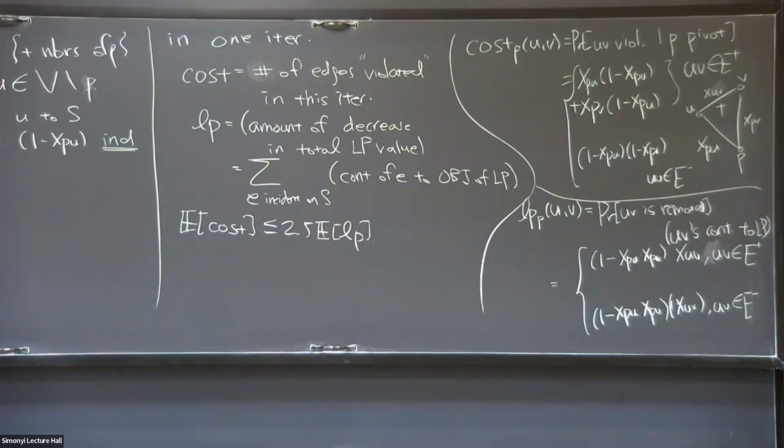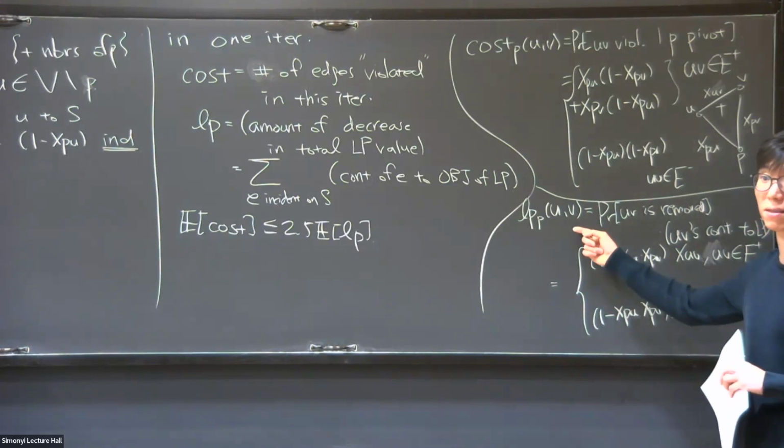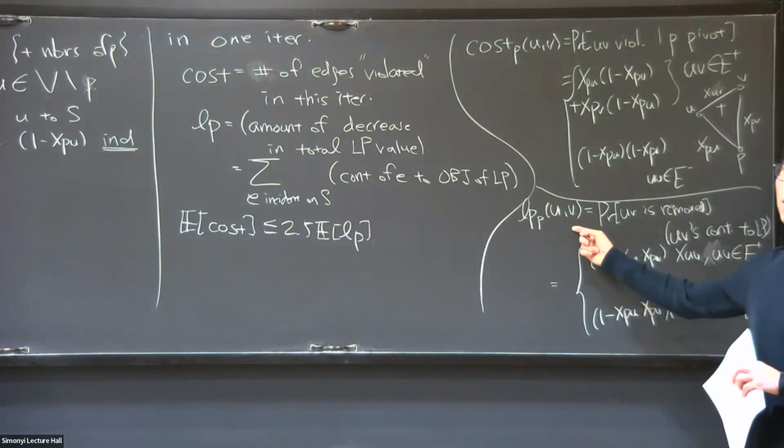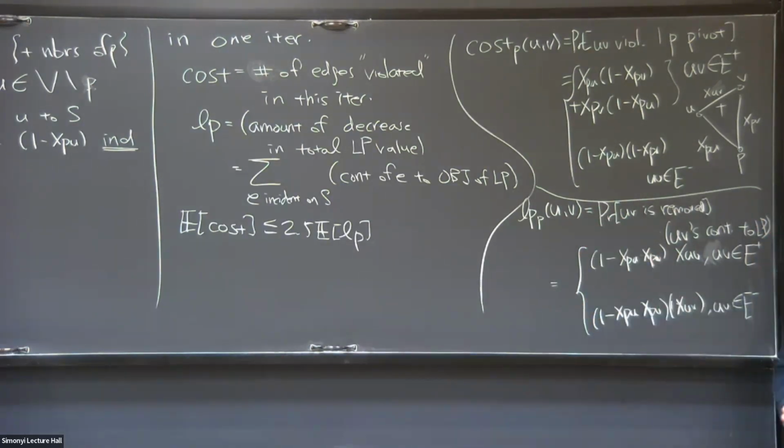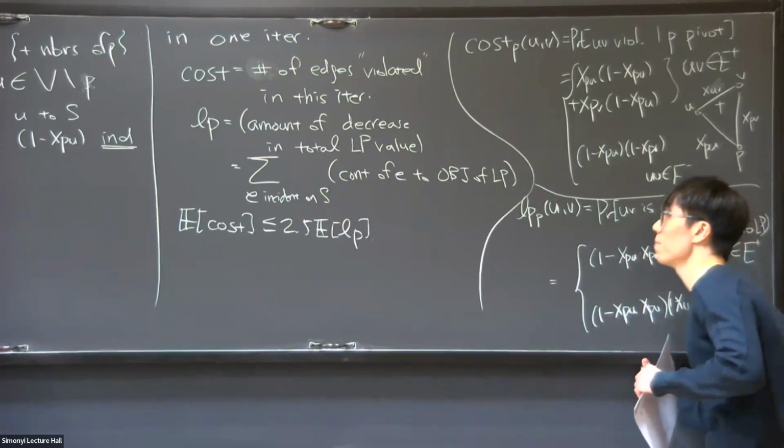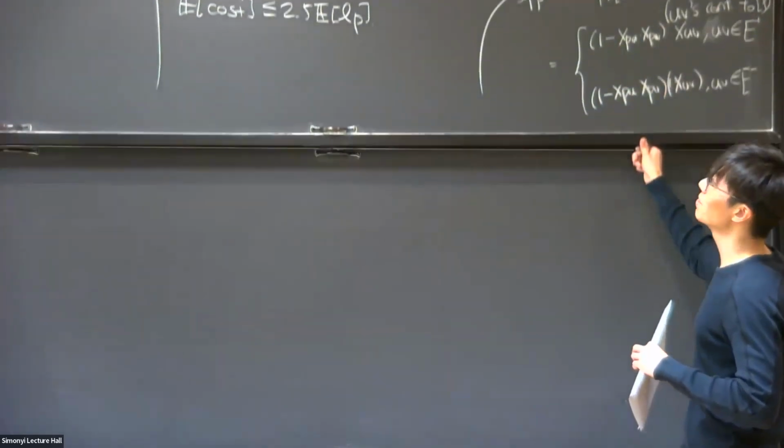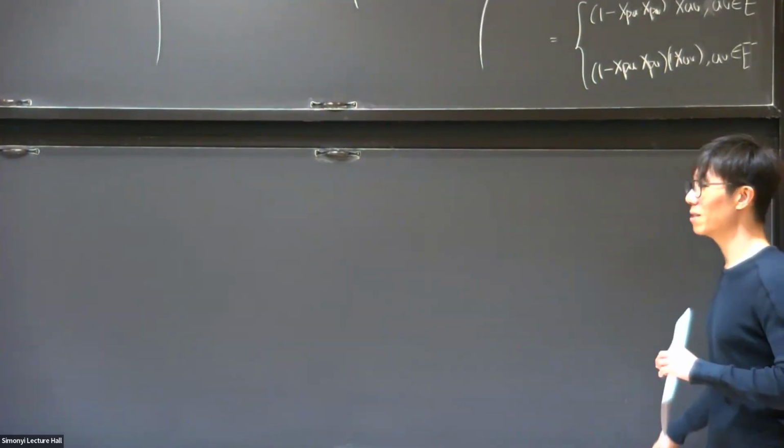So that's LP sub P of UV: how much of the potential decrease we expect from UV when we know that P is chosen as the pivot. Good. So we're very close to decomposing everything into just a few numbers.